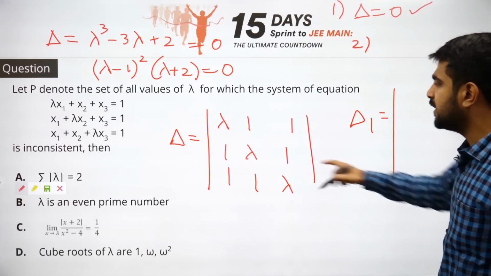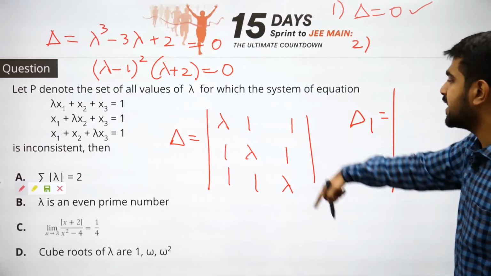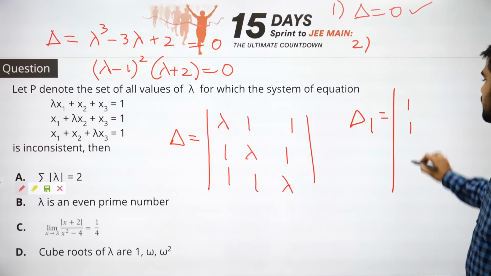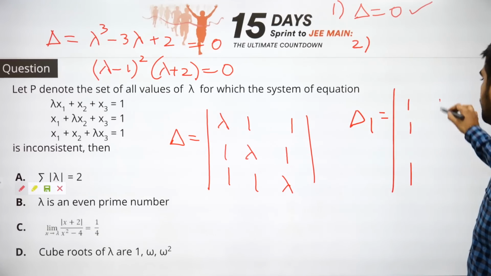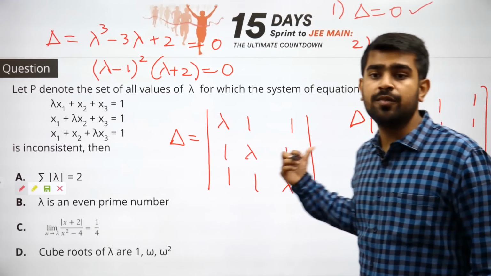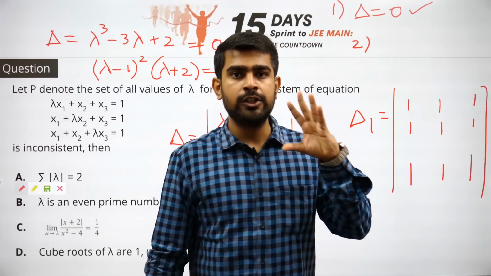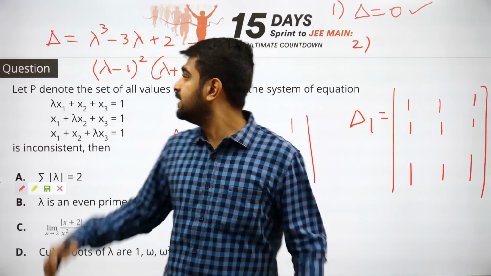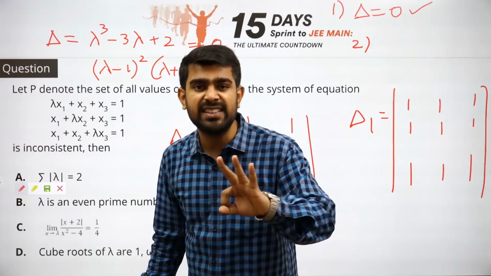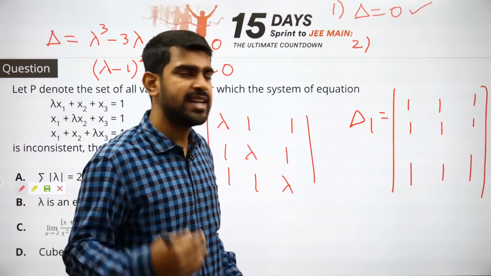Delta 1 is where I change the first column alone. The first column will be 1, 1, 1, and lambda is 1, right? So it will be 1, 1, 1, 1, 1, 1. What is the determinant value of this? The determinant value of this is going to be 0. So whenever lambda is 1, delta 1, delta 2 and delta 3 become 0. You can check it out.